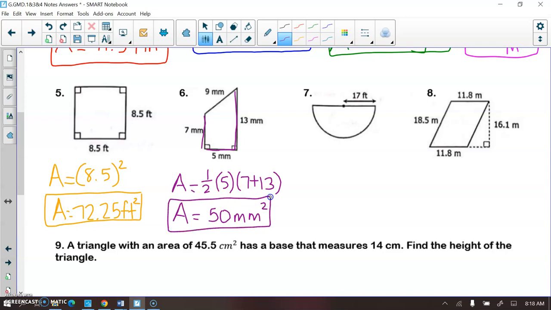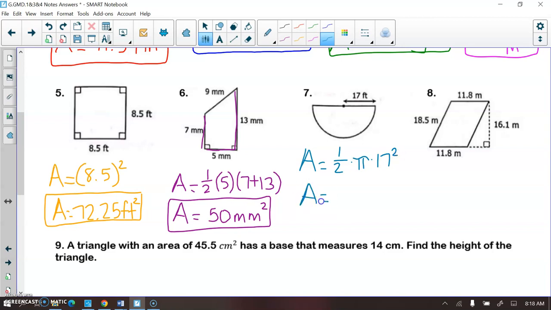Next one is a semicircle. So what we do here is the area of a circle is pi r squared. Since we're dealing with half a circle, we're going to do 1/2 times pi times 17 squared.